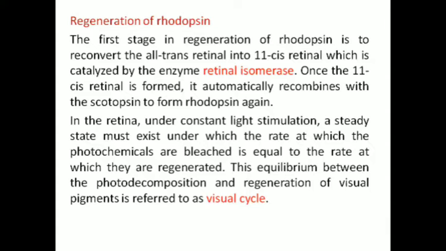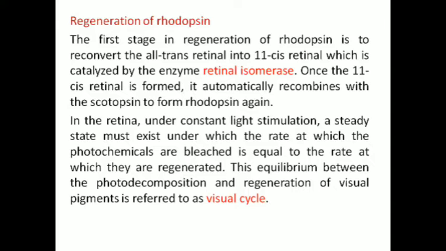In the retina, under constant light stimulation, a steady state must exist under which the rate at which the photochemicals are bleached is equal to the rate at which they are regenerated. This equilibrium between the photodecomposition and regeneration of visual pigment is referred to as the visual cycle.